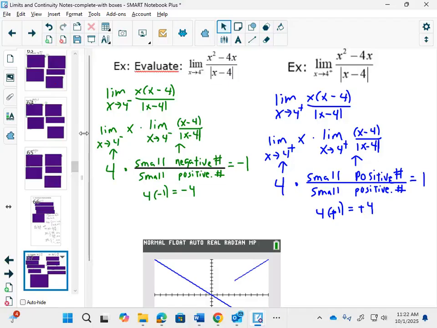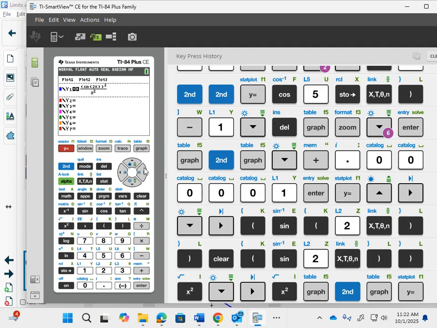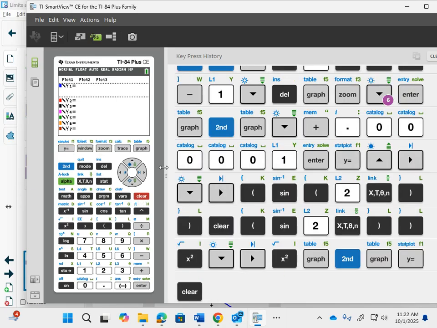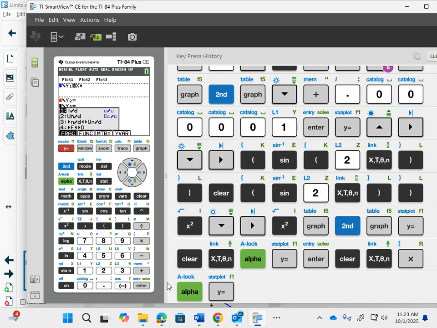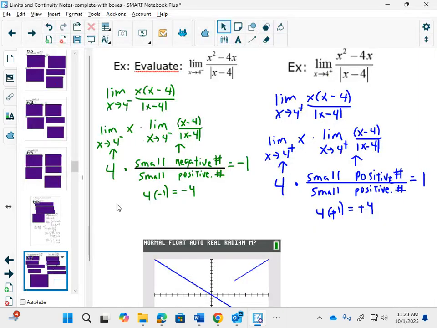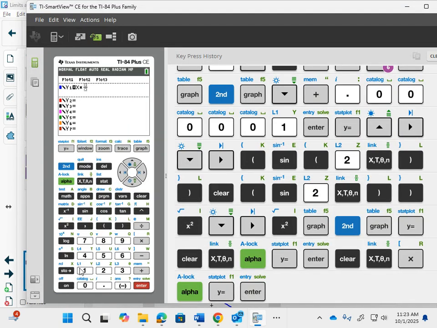Do you know how to put the absolute value into your graphing calculator? I'll show you, everybody who doesn't know. So if I pull up the calculator here, I go to y equals, and we had x times the fraction, it was x after I factored it out, but whatever. x minus 4 on the top.